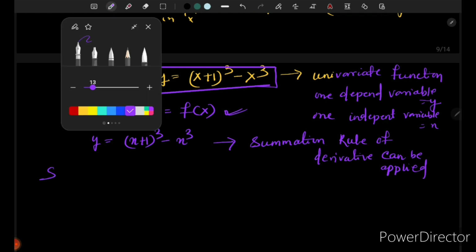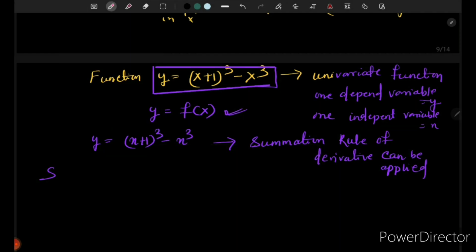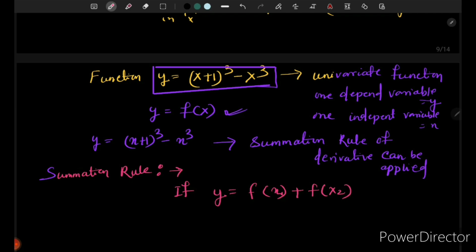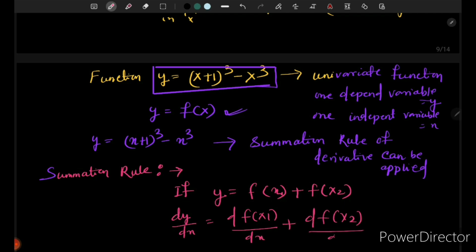So summation rule of derivative can be written as, okay, if y is equals to f of x1 plus f of x2, okay, then dy by dx can be written as derivative of f of x1 with respect to dx plus derivative of f of x2 with respect to dx.